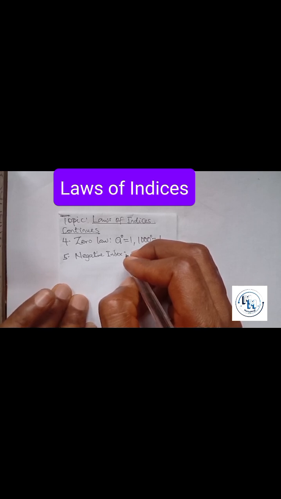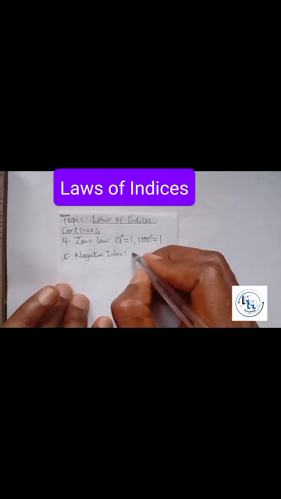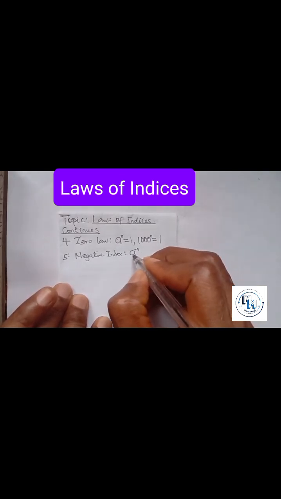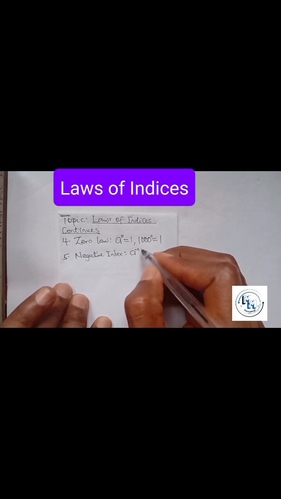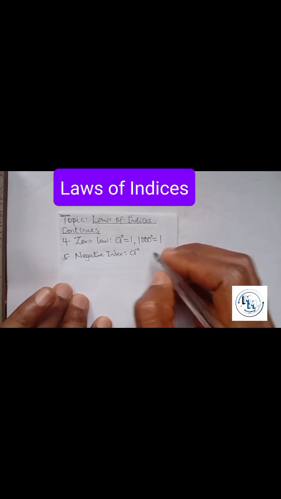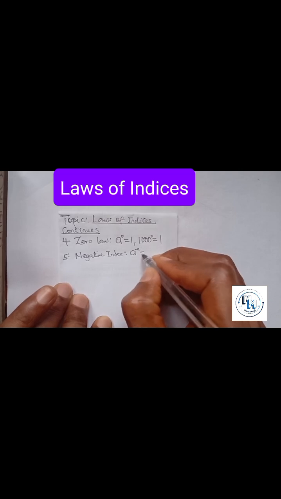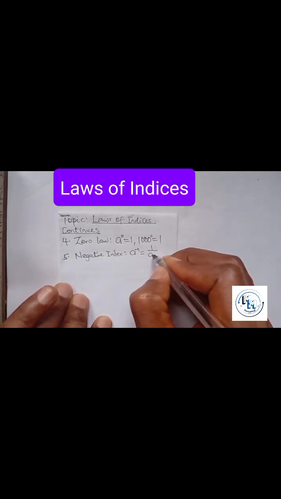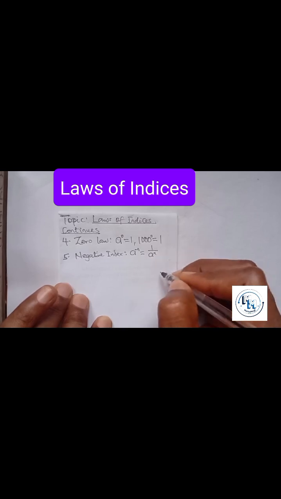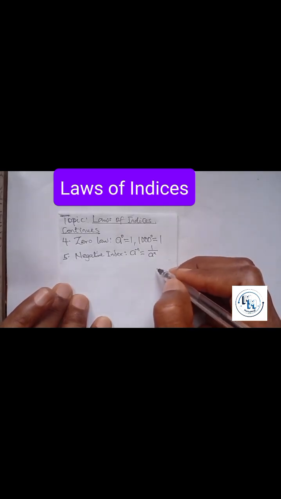That means when the power is negative, let's say I have something like a to power minus n. This is a negative index. So the law says in a case like this, this becomes 1 over a to power n.